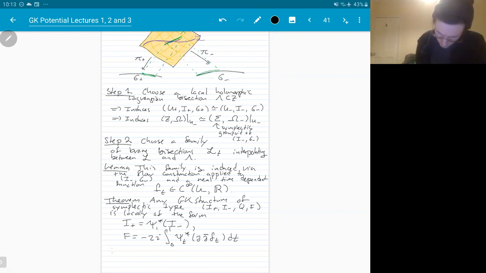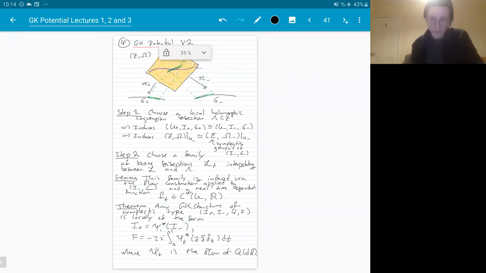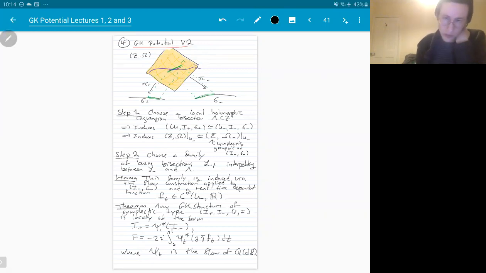So here, this is the flow of Q df. Okay, so this gives an alternative generalization of the Kähler potential. Again, if you do this in the Kähler setting, it will just give you back the Kähler potential.